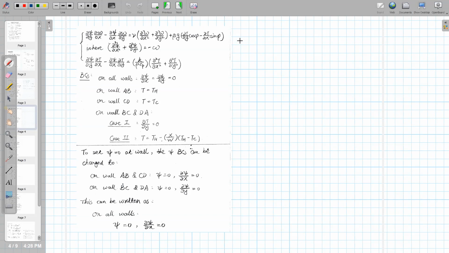So this will make the value of psi kind of arbitrary. Okay, because all the boundary conditions are only in derivative terms. There's no Dirichlet type of boundary condition where you give a fixed psi value at some point.